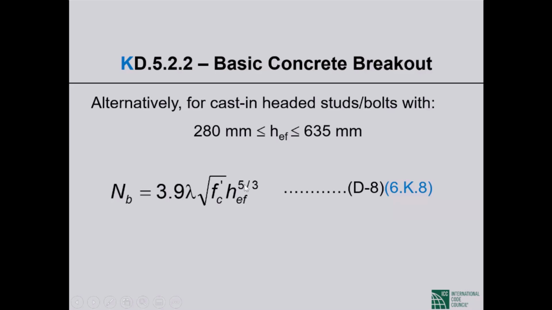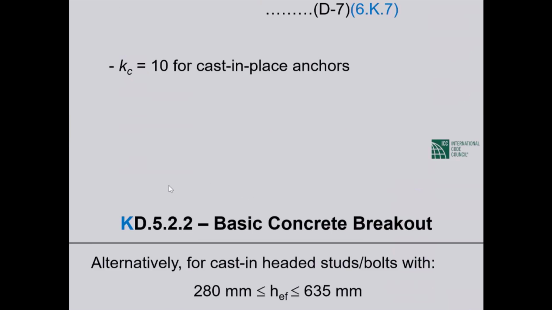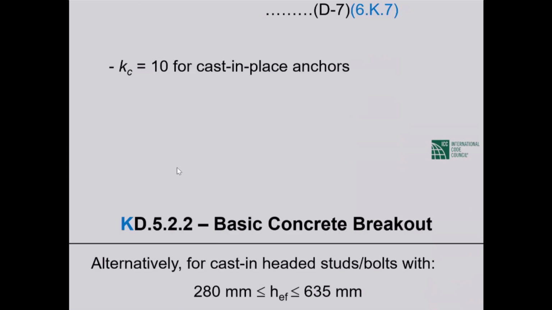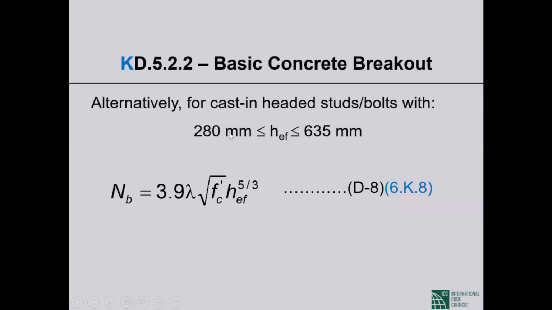So this is the general equation. If the embedment depth is between 280 and 635 millimeters, we have this alternative equation, and when both apply, whichever equation gives us the larger strength, we are free to use.